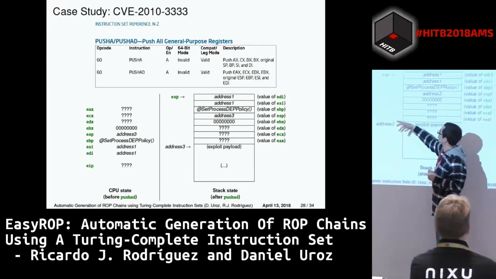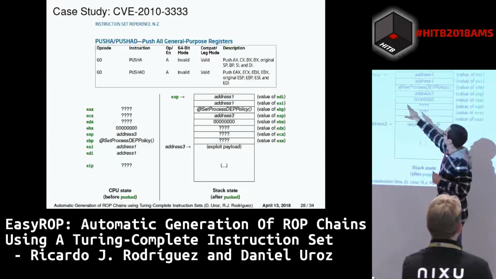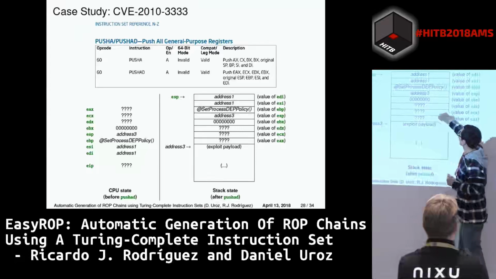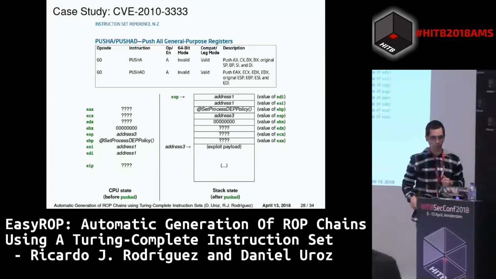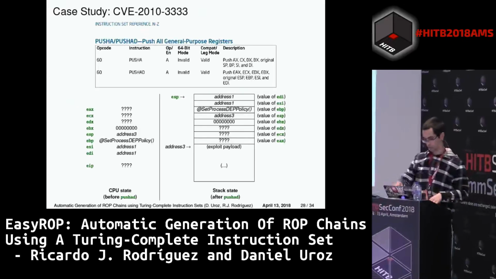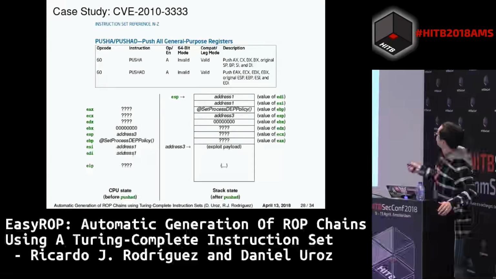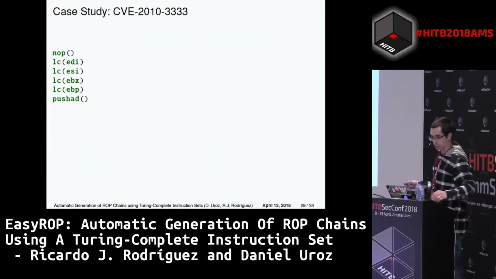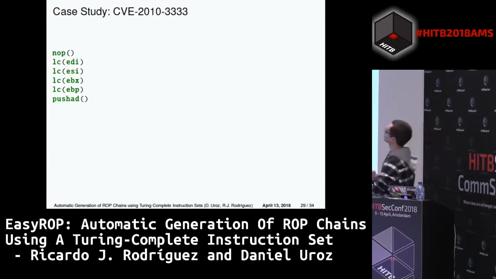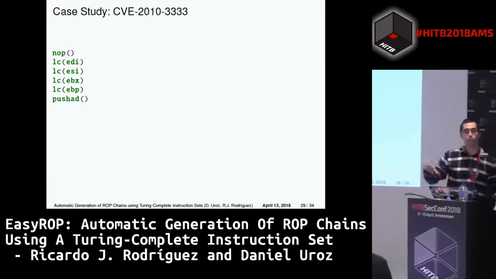And after the execution of this instruction, I will have this on the stack. So I will need a NOP, then I will need to load a constant in EDI, load a constant in ESI, load a constant in EBX, load a constant in EBP, and then the pushad.